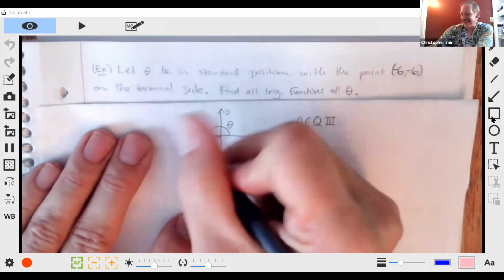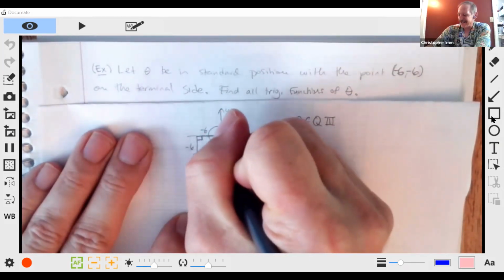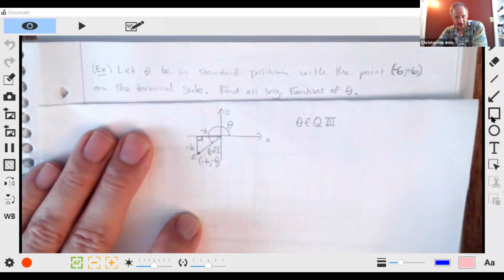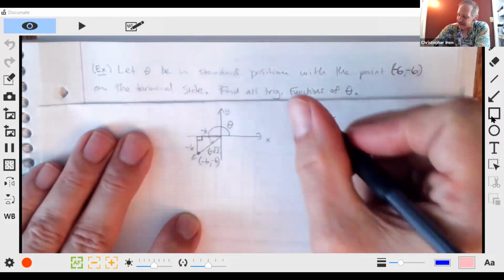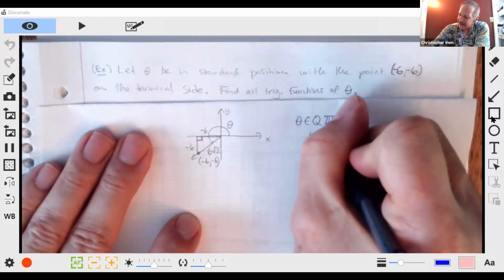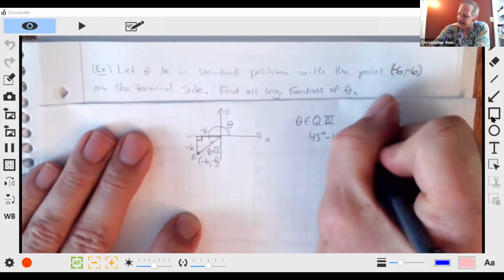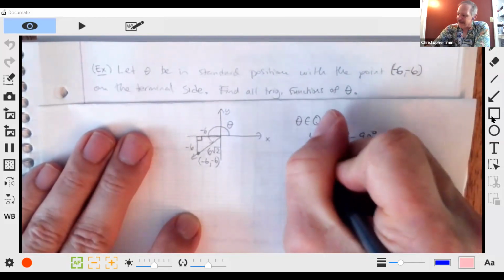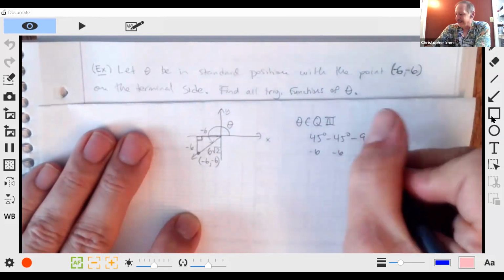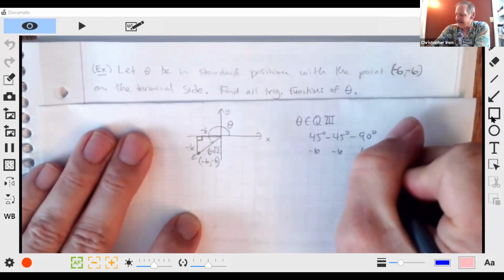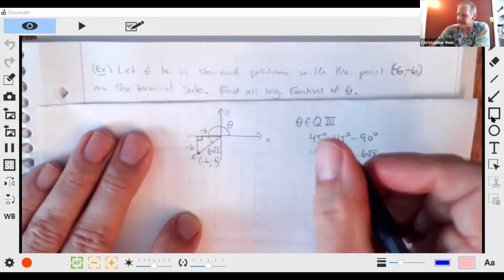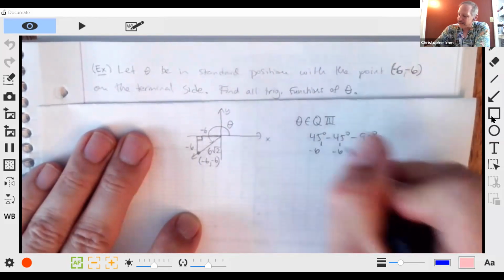Yeah, it's a 45, 45, 90. Way to be on there, Connor. You could have used the Pythagorean theorem, but this is 45, 45, 90. We are in quadrant 3, so with -6, -6 we have 6 root 2 because these are in ratio of 1 to 1 to root 2.